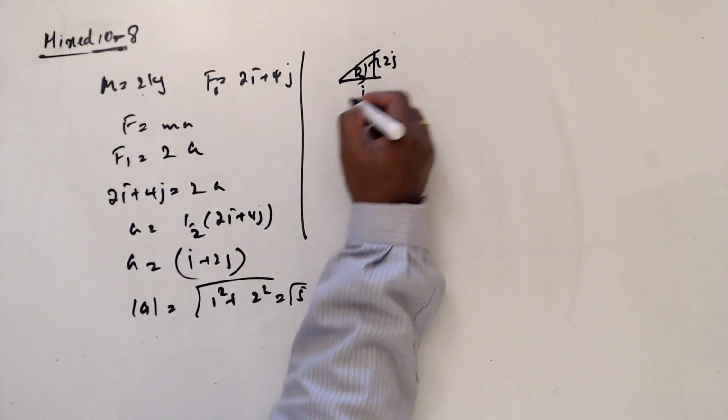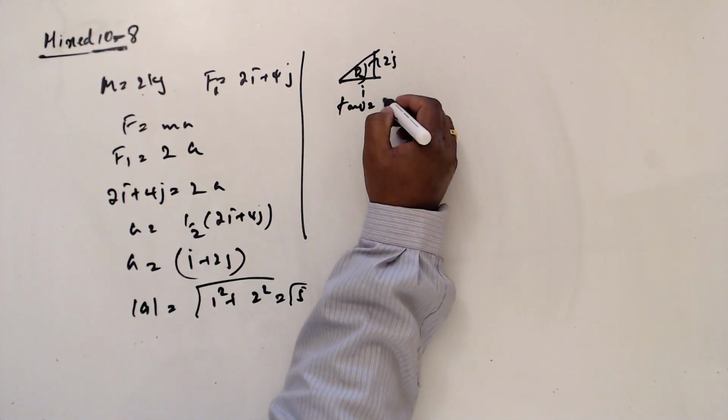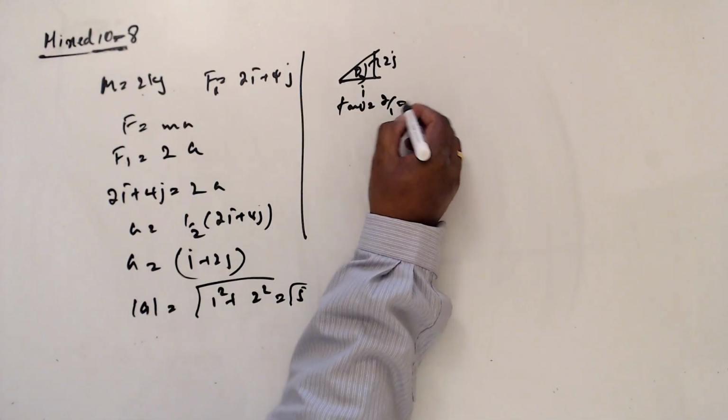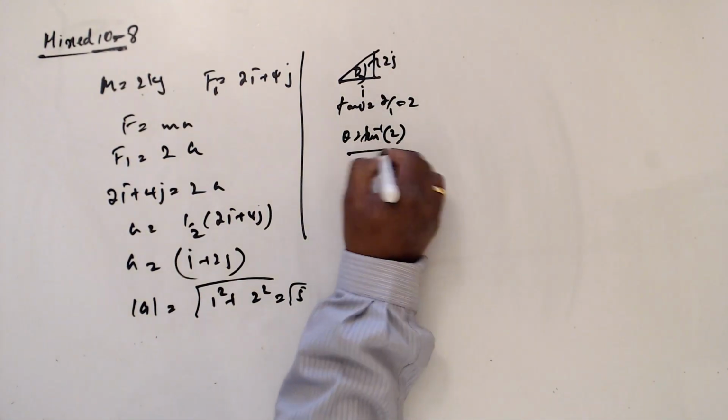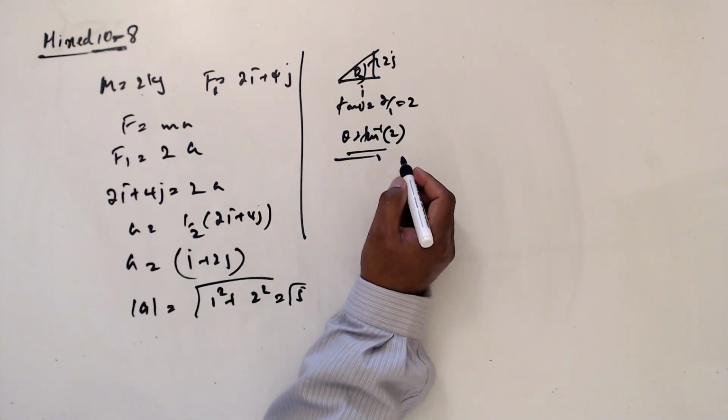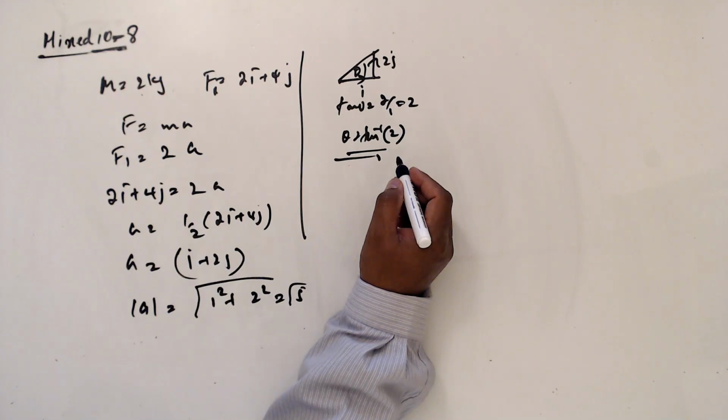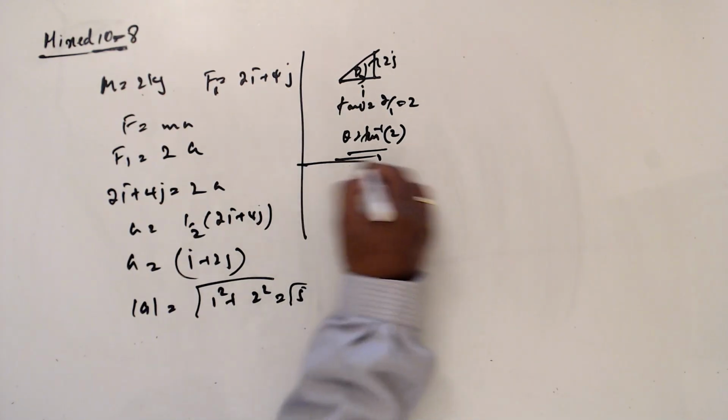If it is theta, then theta equals 2 divided by 1 is 2, theta equals tan inverse 2. They don't ask that in the question. And find the distance traveled in 3 seconds.